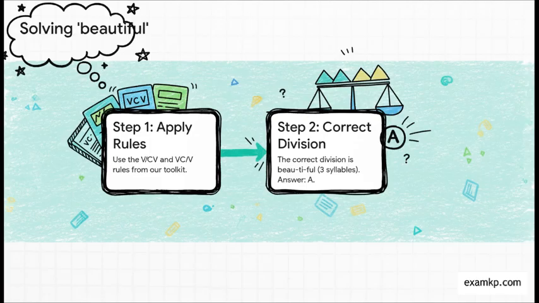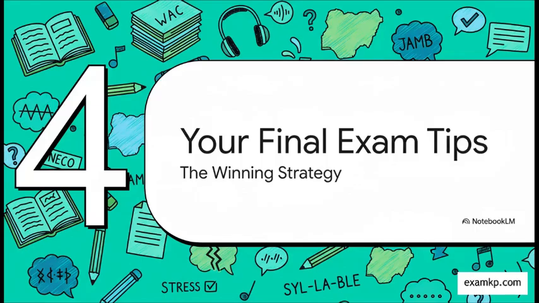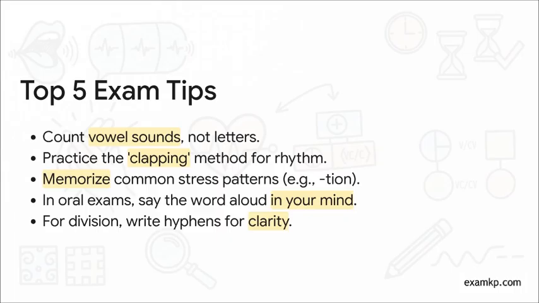All right, we've covered the main ideas, we've gone through the rules, and we've put them to the test with real exam questions. So let's pull it all together and give you a winning strategy for exam day. Please, you've got to lock these 5 points into your memory.